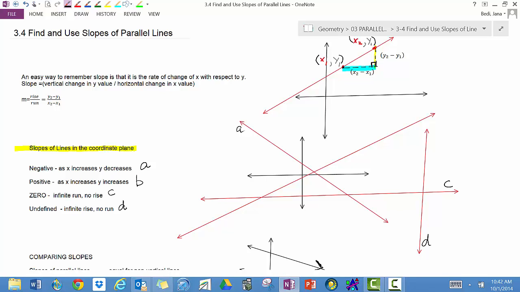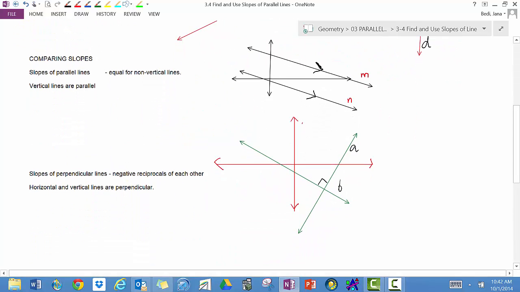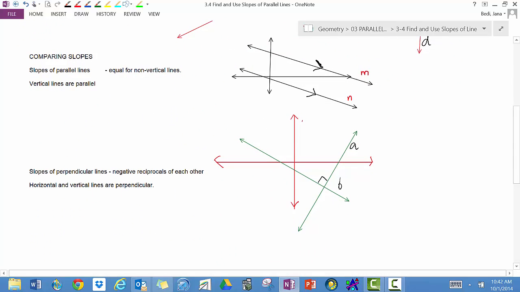When would we want to compare slopes? So let's just take a look at that. We would want to compare slopes when we have two lines which are either parallel, as in lines M and N, or when two lines are perpendicular, as in A and B. When two lines are parallel, the slopes are equal.